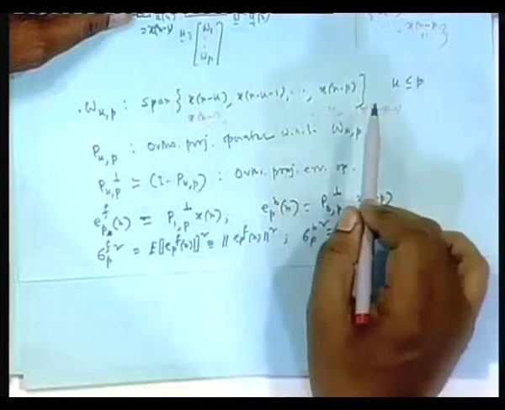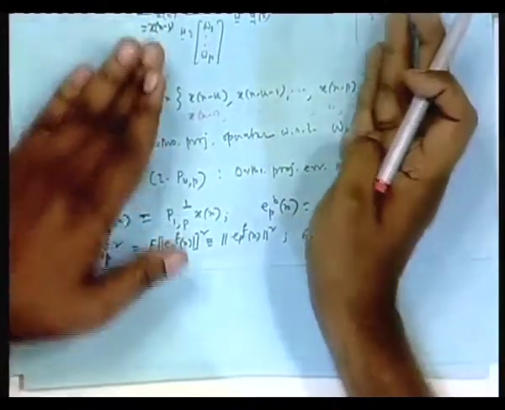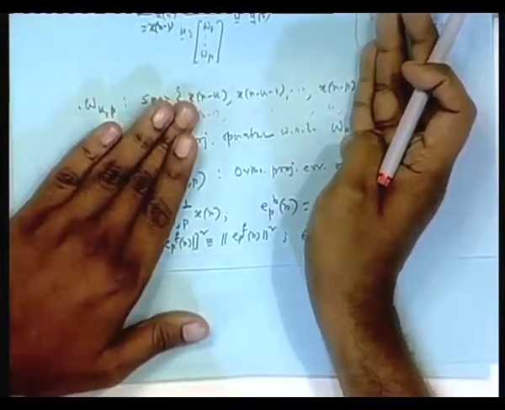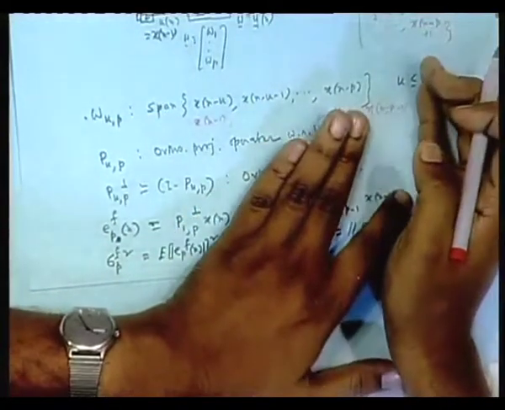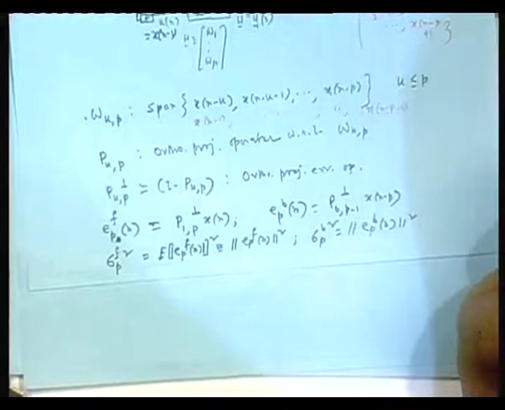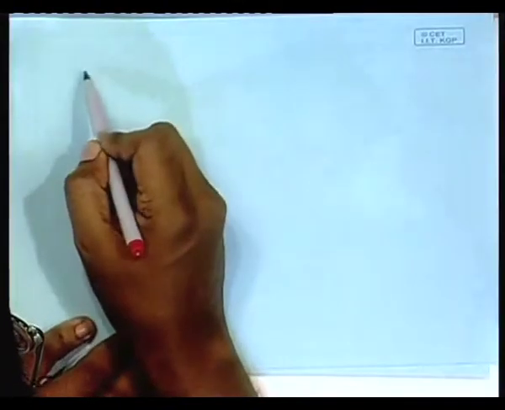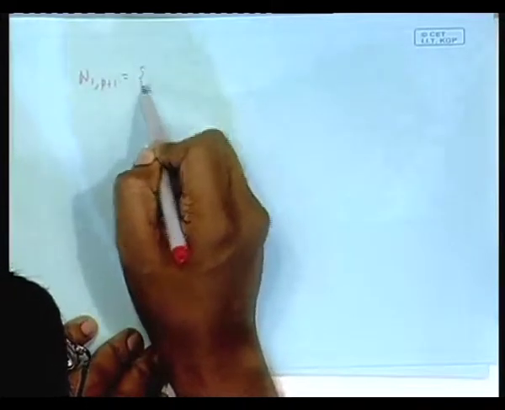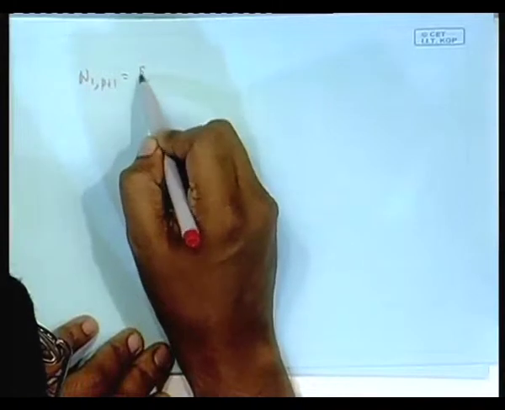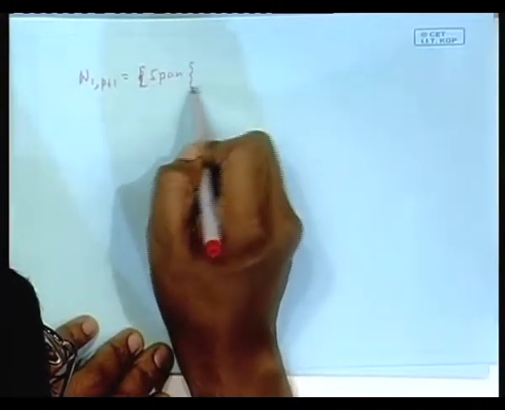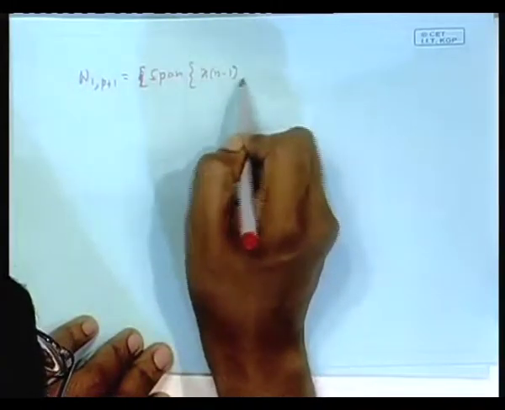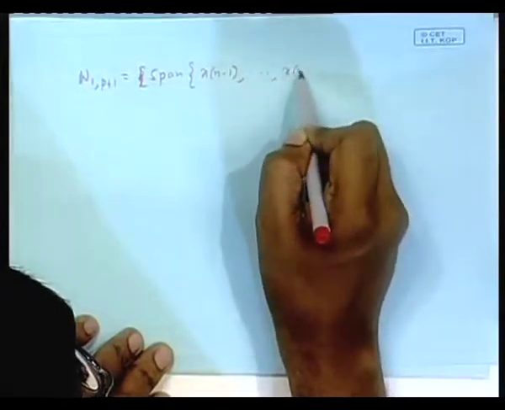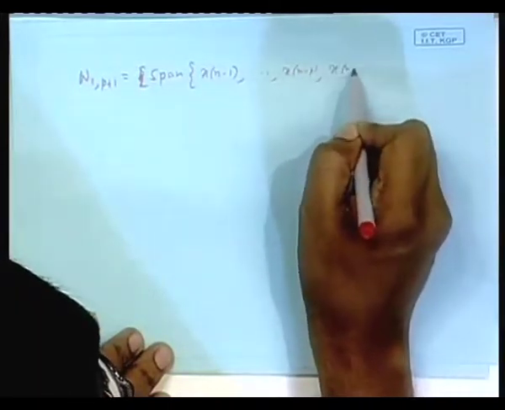So, the entire space will be what? It is the orthogonal sum of the space spanned by this much, x n minus 1 to x n minus p, and the span of the error. That is W 1 p plus 1, which is the span of this and this new guy.